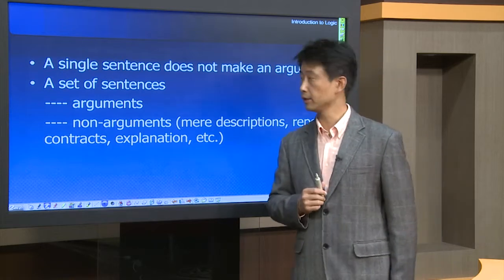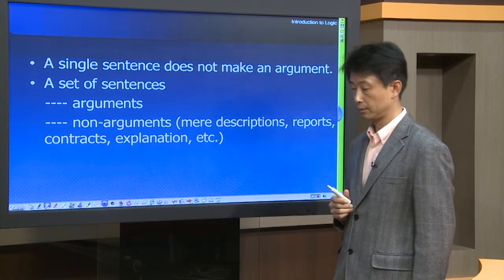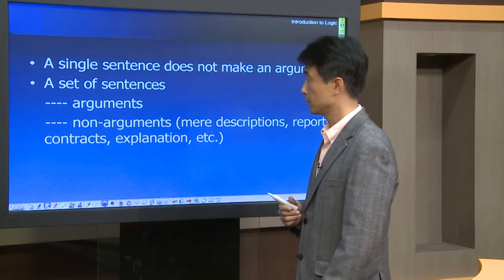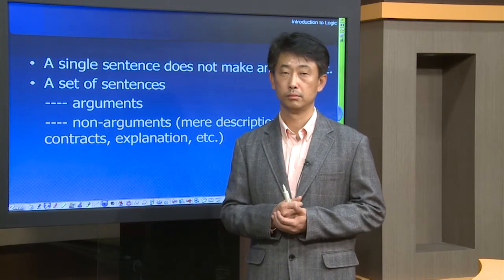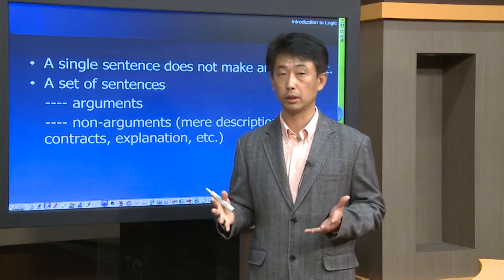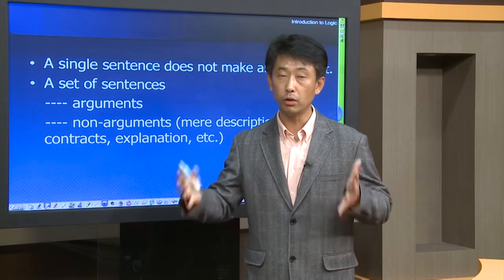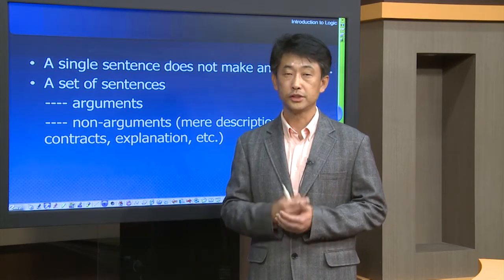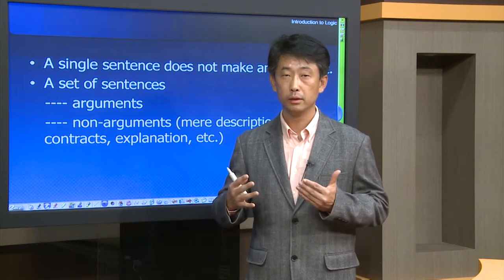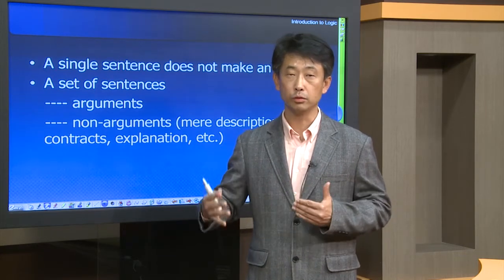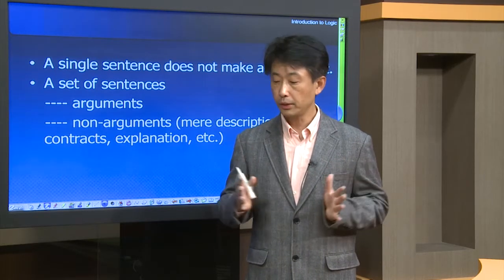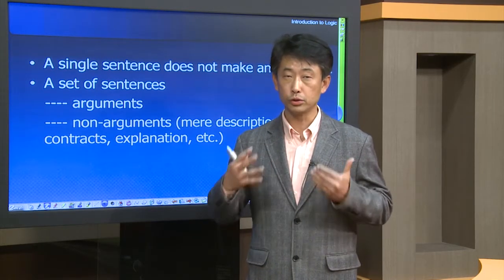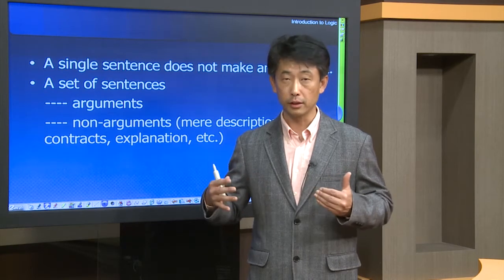So a single sentence does not make an argument. For example, someone says, God exists, or let's say, abortion is morally wrong. Stating your opinion does not amount to an argument. As far as stating one's opinion goes, there is nothing that logicians are interested in.